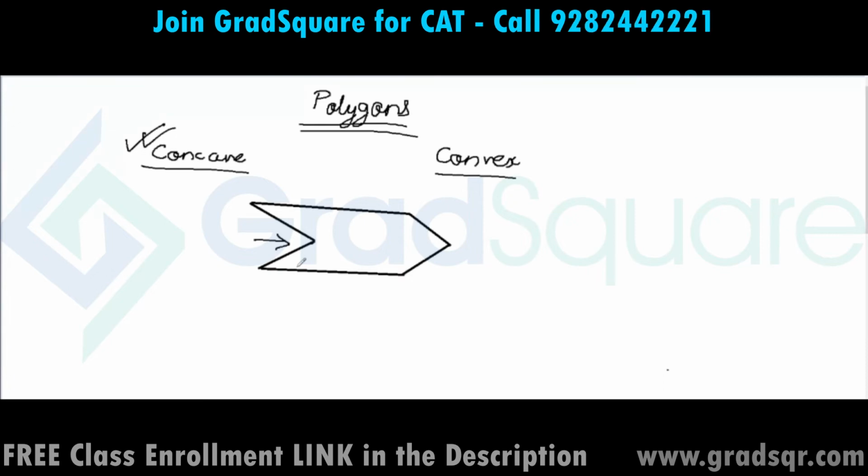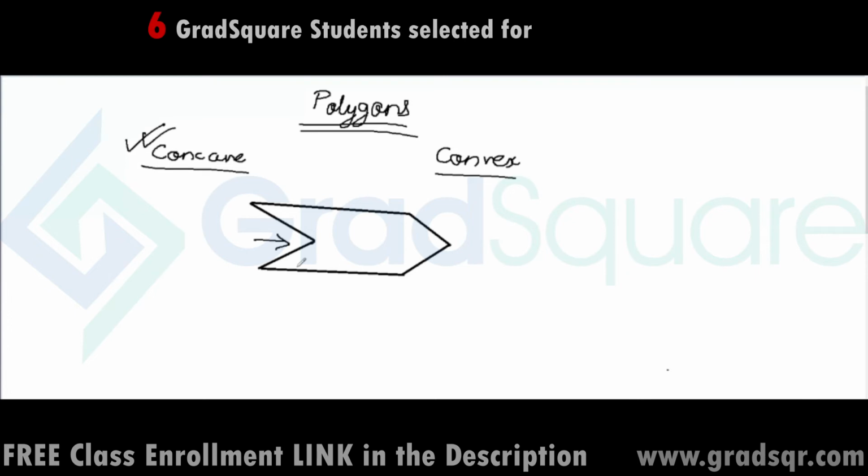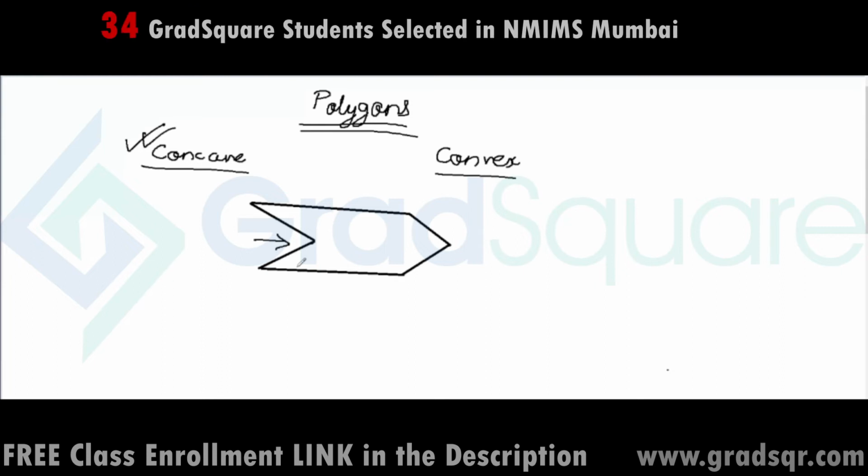Imagine, can you ever draw a polygon in which all vertices are caving inward? It is impossible to draw such a figure. If one vertex is caving inward, the other vertices have to bulge outward. So even if a single vertex of a polygon caves inward towards its center, it's called a concave polygon. Only when all the vertices are bulging outward will it be called a convex polygon.